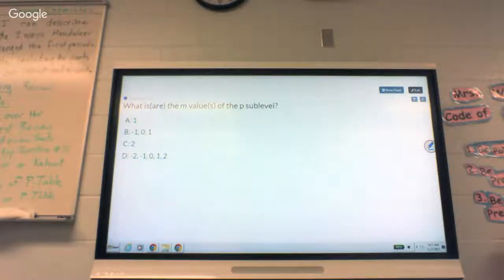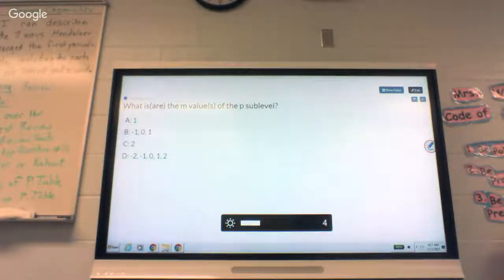Yeah, the m value is for the p sublevel. You gotta take your hand out of the middle. Ethan, you got the same problem, take your hand out of the middle block.